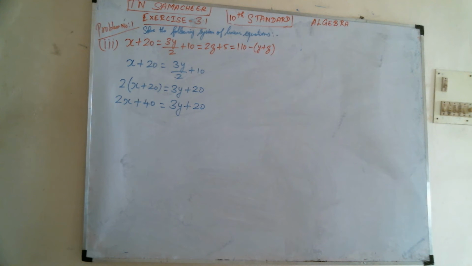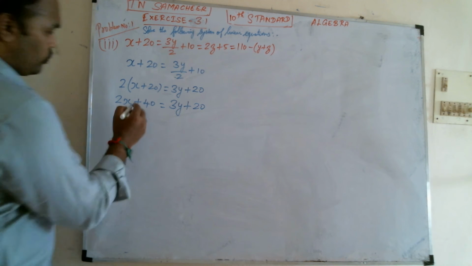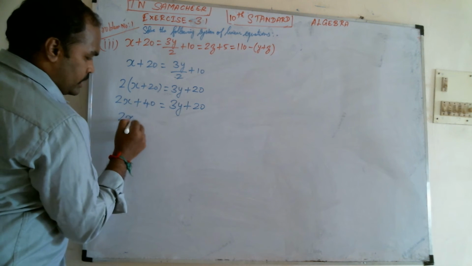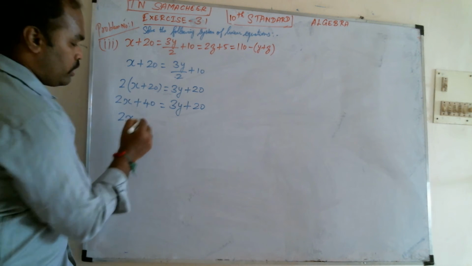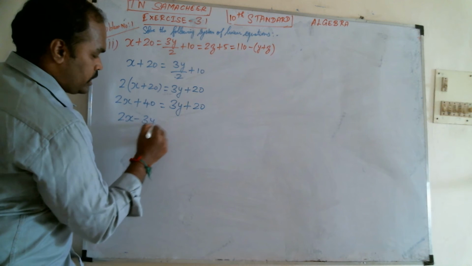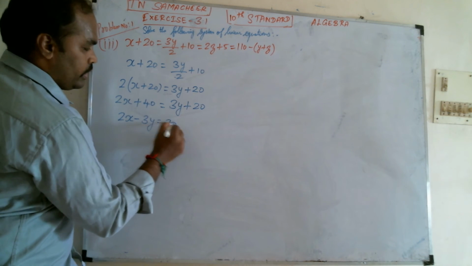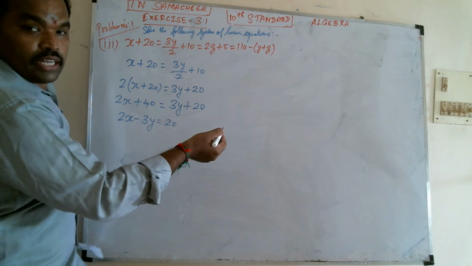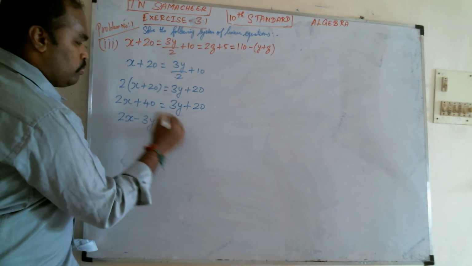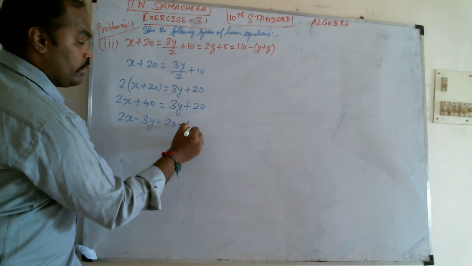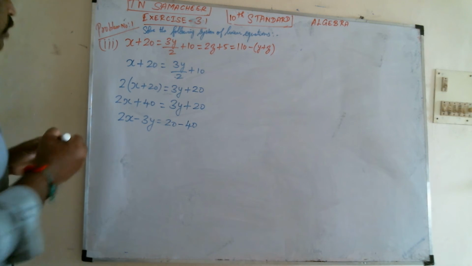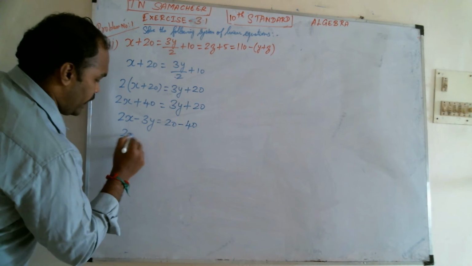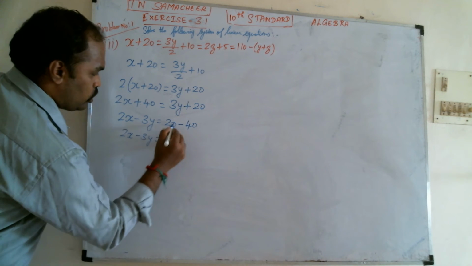The next case is, what we are going to do? 2x plus 3y, if it comes to the left side, it will be minus 3y. 20 plus 40, if it comes to the right side, what will the value be? Minus 40. So 2x minus 3y equal to 20 minus 40.